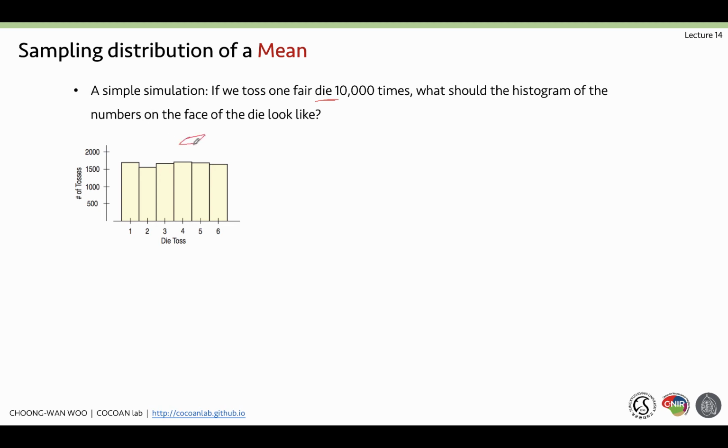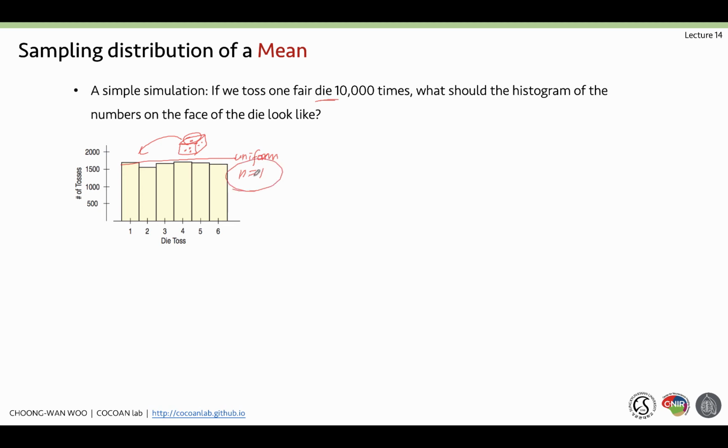When we get just one number from one die, the distribution seems uniform. That's basically the n equals 1 case.